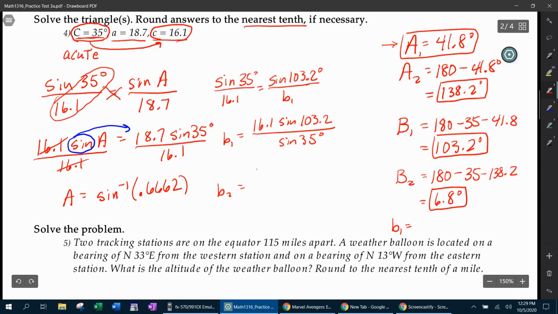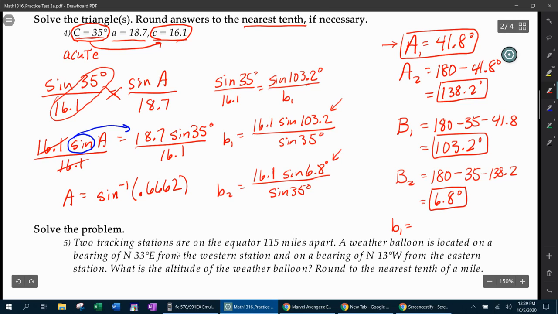And little b2 is going to be exactly the same calculation, except instead of angle b1, we're going to use angle b2. Do you see that's the only difference between calculating b1 and b2?